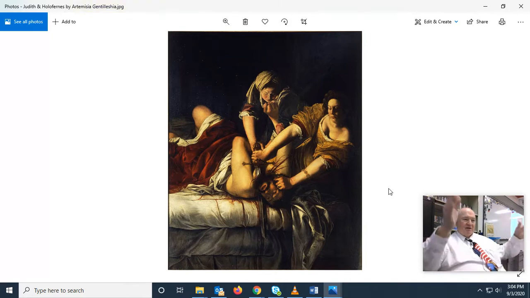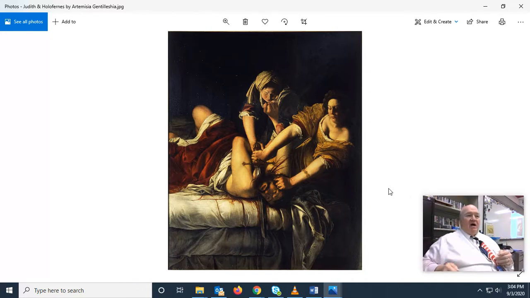Yeah, this is the same story, it depicts the same thing, where this guy, Holofernes, that's him reclining there on the bed. He was a commander of the Assyrian army. And the woman Judith, that's Judith here with the knife that's separating his head from his shoulders. And that's her servant that's helping her.